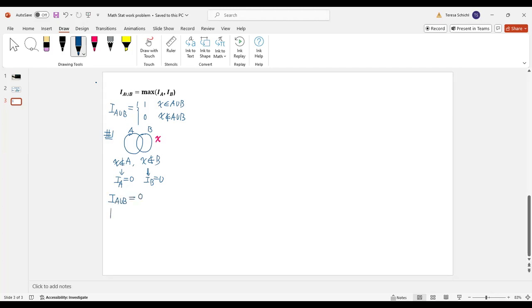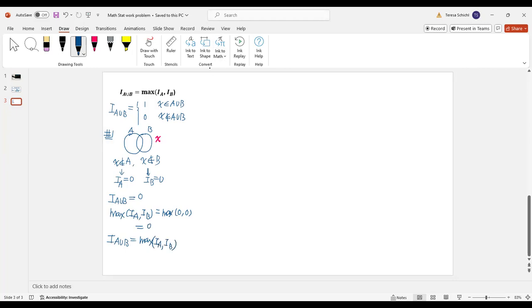So the maximum of IA, IB is the maximum of 0 and 0, which is 0. So I proved the first situation: IA union B is equal to the maximum of IA, IB.